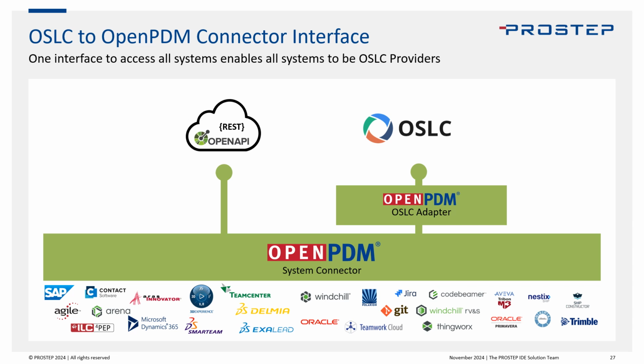Along with those RESTful services that we saw within the Swagger documentation, we also have, like I mentioned before, an OSLC adapter. So you have that standardized computational interface with any OpenPDM connector. What we've done is create an OSLC bridge mapping between that standardized interface and OSLC that enables you to query any connector that OpenPDM supports as an OSLC compliant interface.